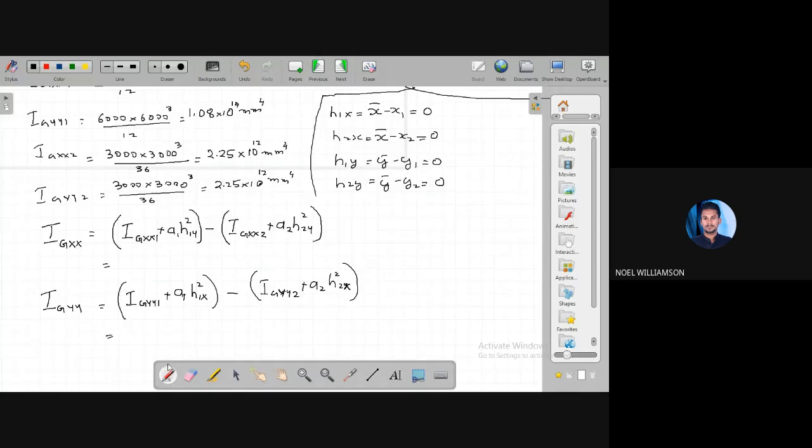Here also you will get one value, and here you can see the values of h1x, h1y, etc. are 0. So the values will be quite simple, that is IgXX1 minus IgXX2, and here as the values for h2x and h1x are 0, these terms will cancel, and we get IgYY1 minus IgYY2.